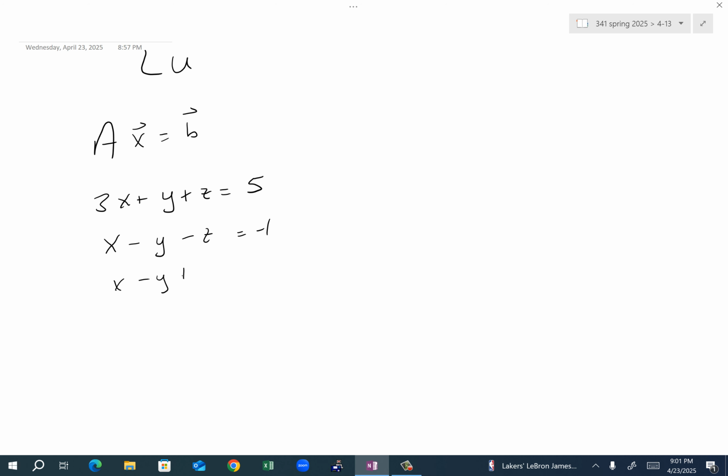All right, so for LU factorization, we mentioned yesterday we can rewrite A, which again is our coefficient matrix. You recall we have AX equal B. So in other words, you have 3x plus y plus z equals 5, x minus y minus z equals -1, and x minus y plus 6z is 6, I think.